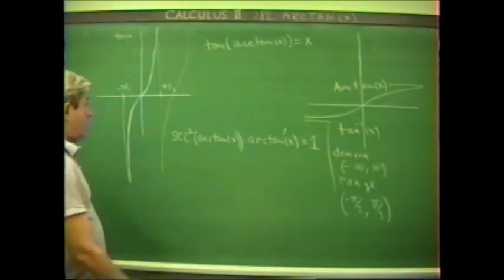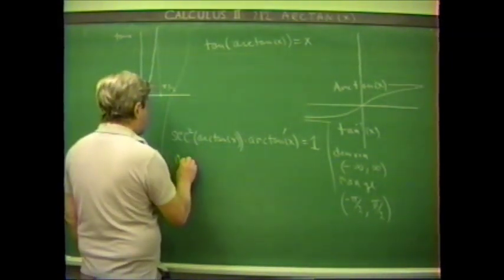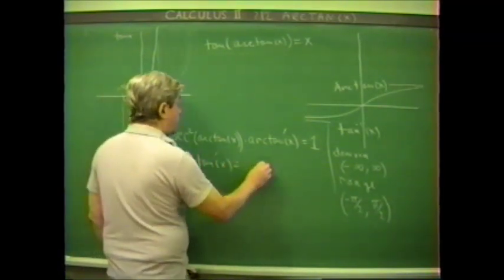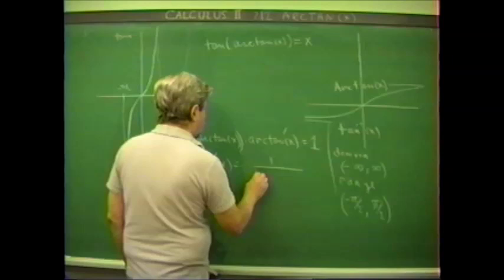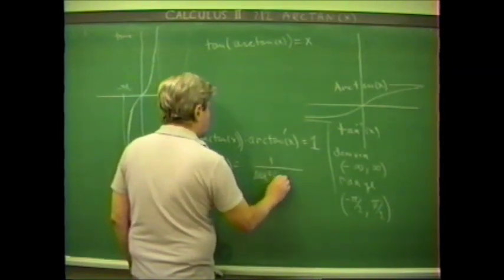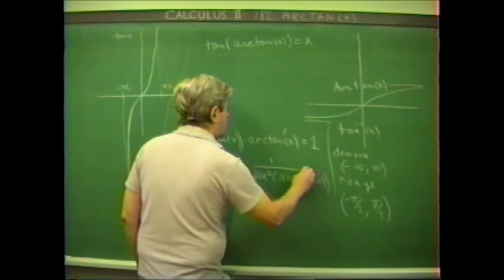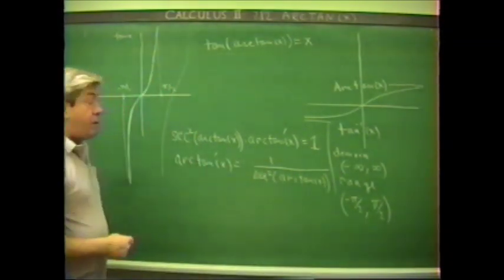Right. So that we get that the derivative of arctangent is equal to 1 over secant squared of arctangent of x. But there's really a better way to write this.